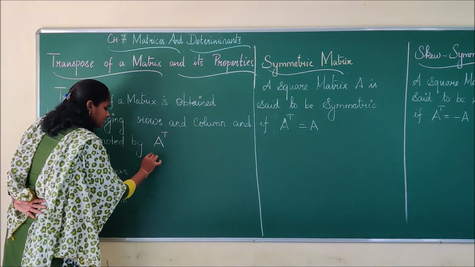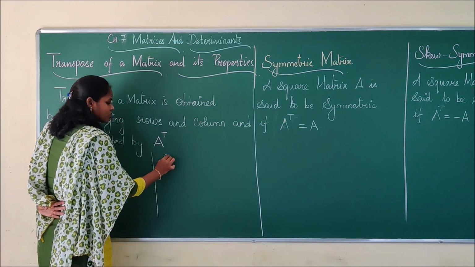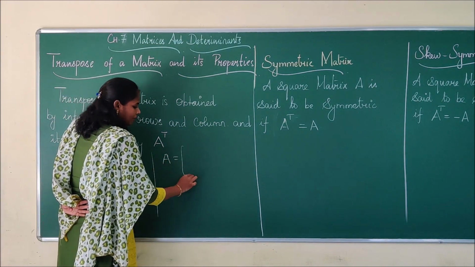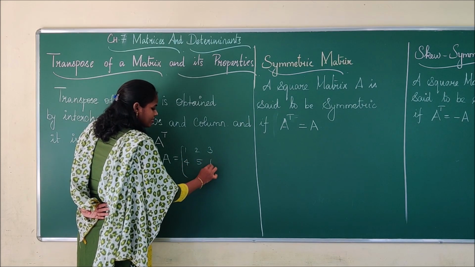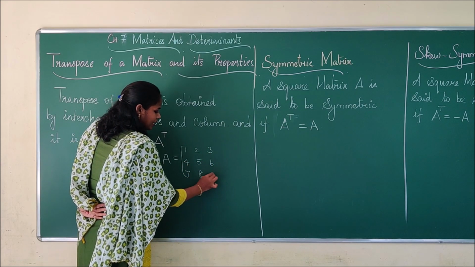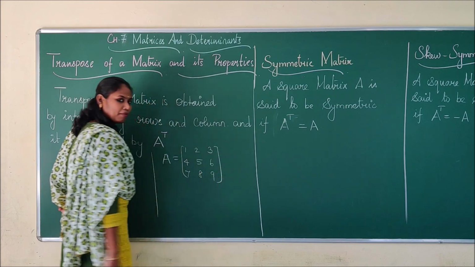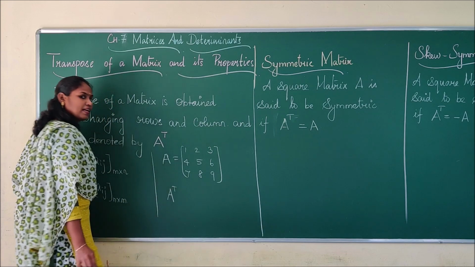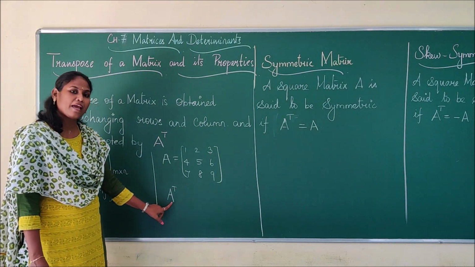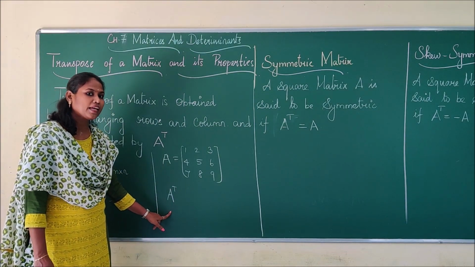So you see an example here. I'm just going to take a matrix A. Let it be 1, 2, 3, 4, 5, 6, 7, 8, 9. So this is my A matrix. I am going to find the transpose of this A matrix, and it is represented as A power T, which is nothing but A transpose.